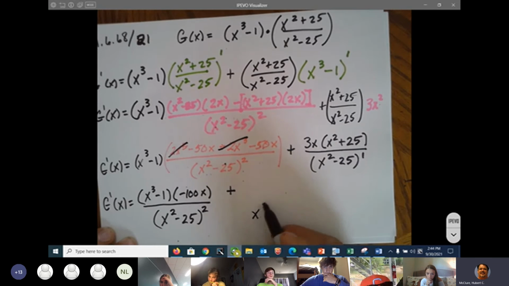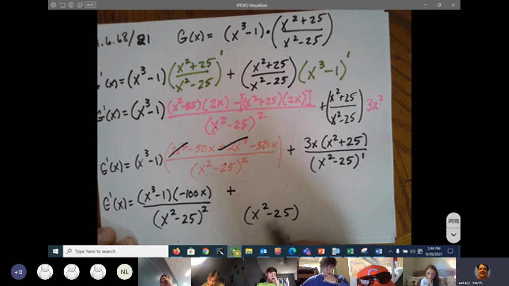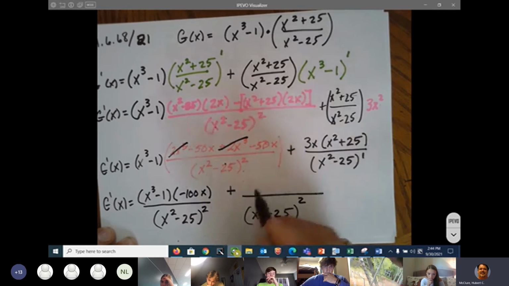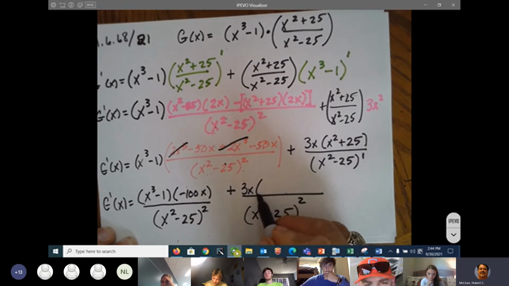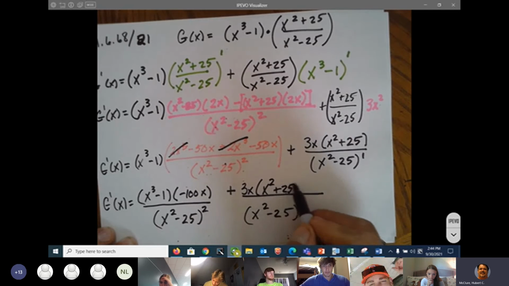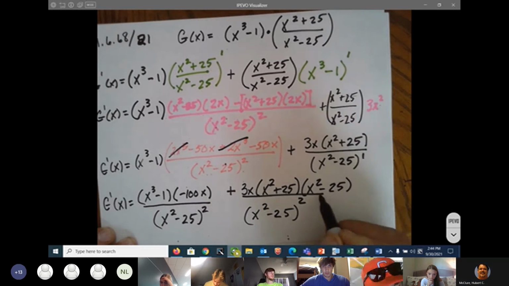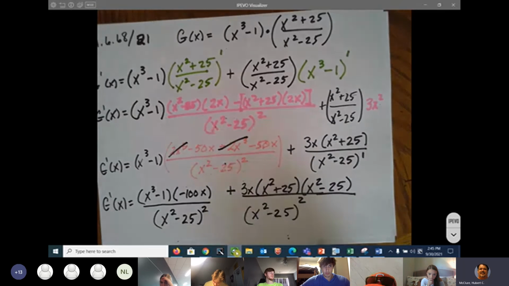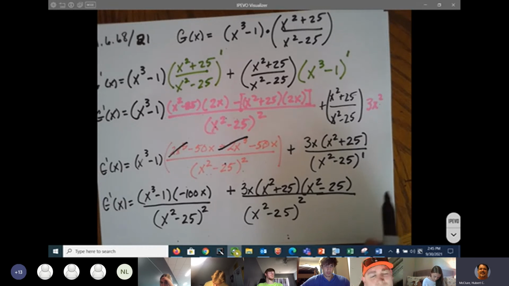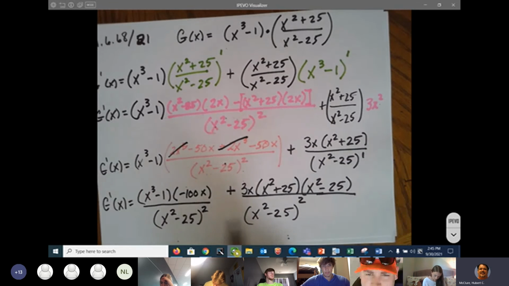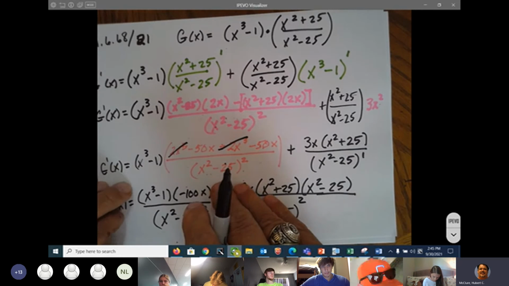So that's going to be x squared minus 25 quantity squared. That's going to give me 3x times x squared plus 25 times x squared minus 25. Got a common denominator here. I'm looking like some of these is going to cancel out. I don't know. Just some more algebra to do. I don't know how far they're taking this, but I'm going to take it as far as I can.